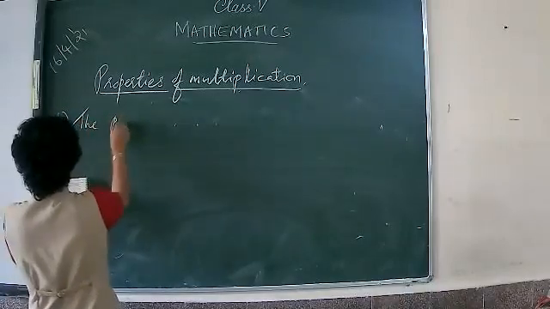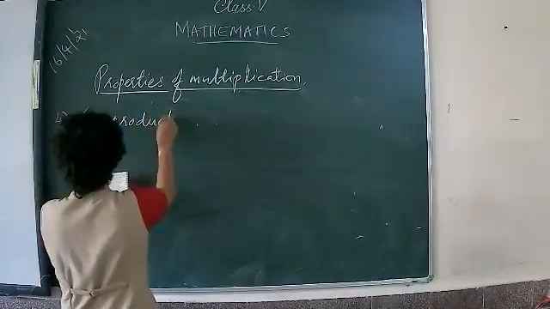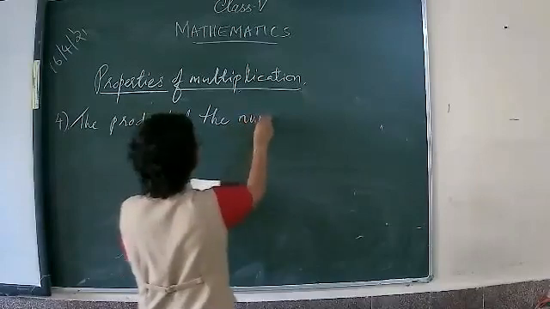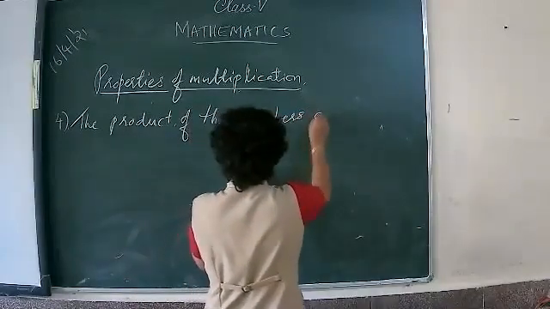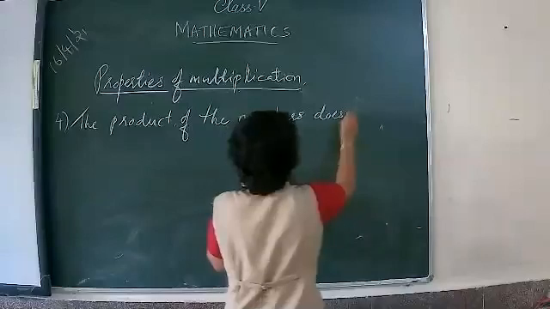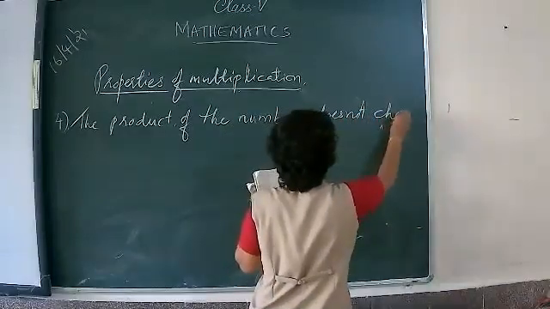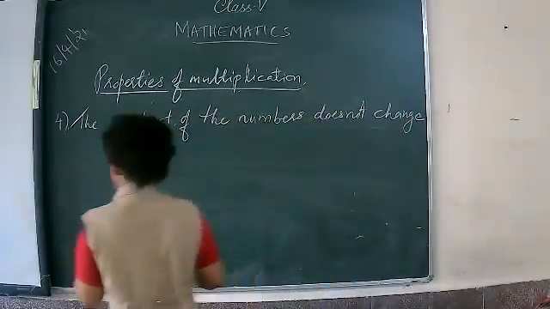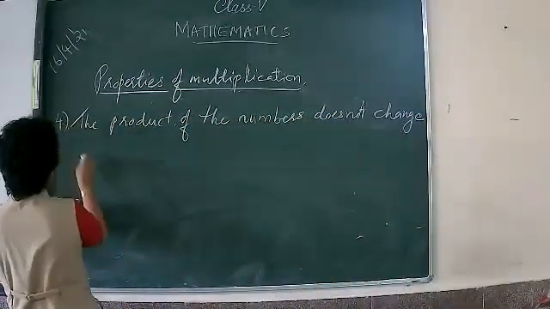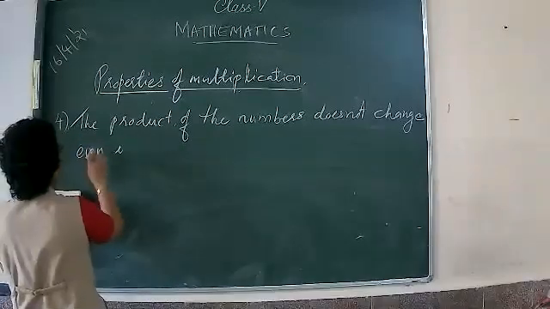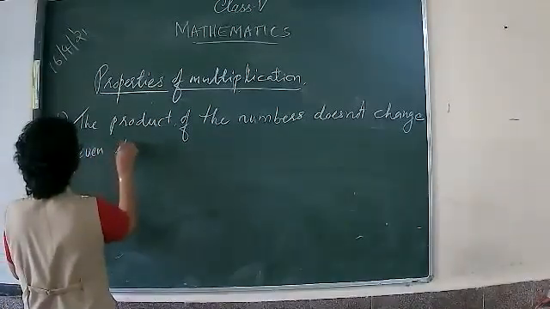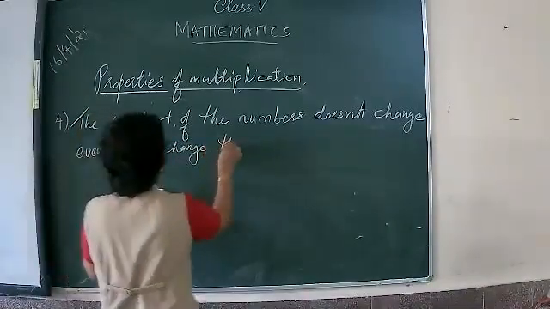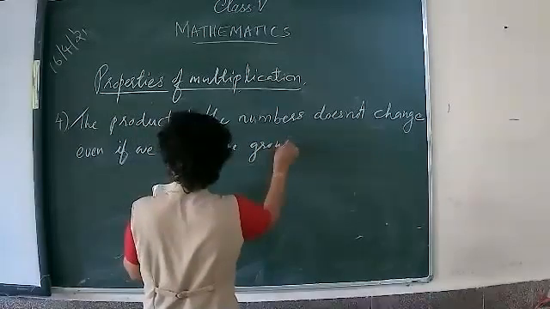The product of the numbers does not change even if we change the groupings.